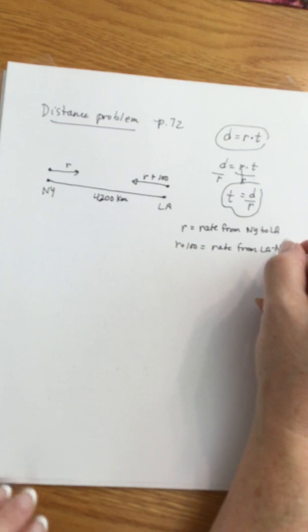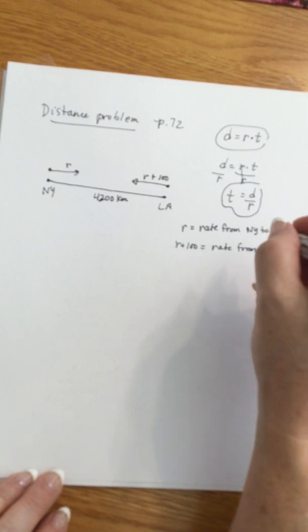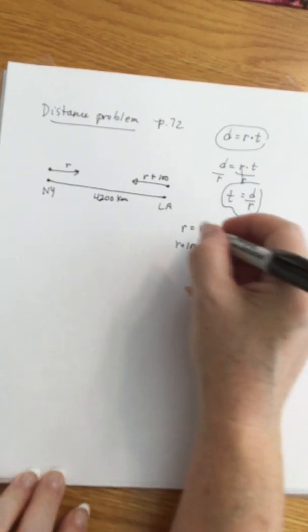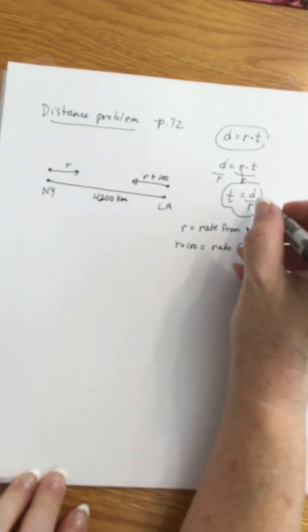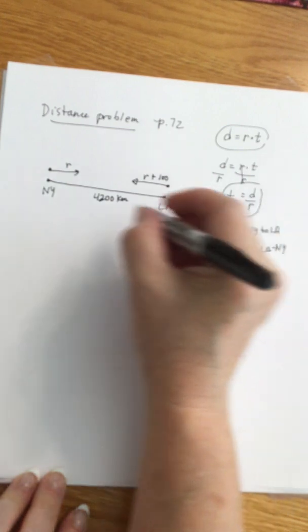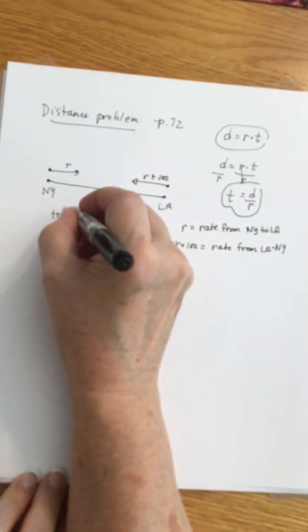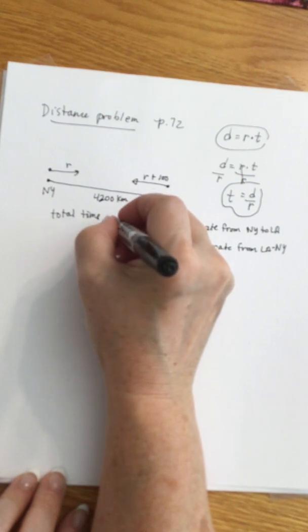So we're looking for the total. It says if the total trip took 13 hours of flying time, what was the jet speed? So we said that we have distance and we have a rate. To get time, we would have to take distance divided by rate. And we know that the total time, it tells us, is 13 hours.